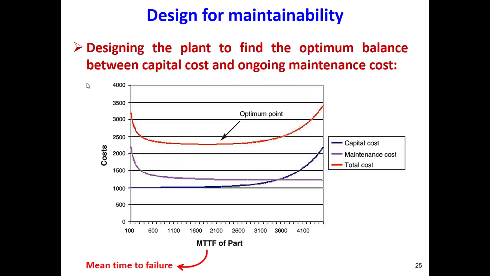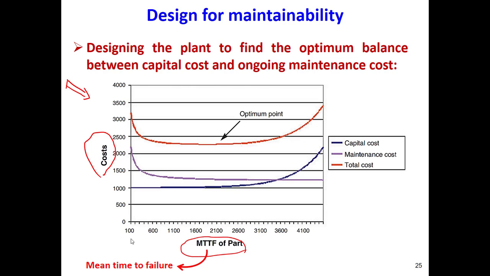To find the optimum age of a part or equipment in the process, there is a curve that can be used by the designers and the managers to make decisions. What is this curve? In the y-axis you have cost, and in the x-axis you have MTTF of the part or equipment. What is MTTF? It is mean time to fail.